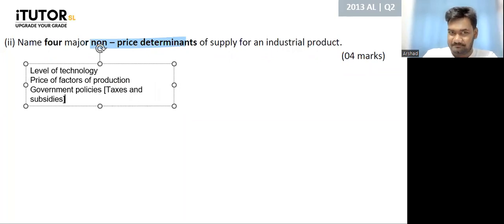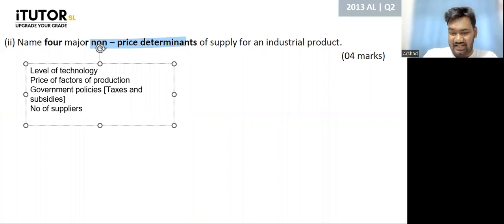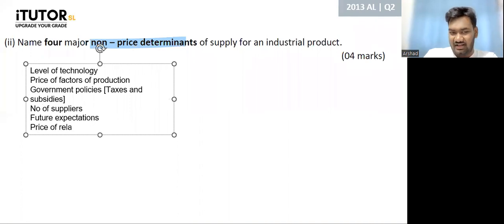What else? Future expectations, number of suppliers, correct? Number of suppliers. You can say future expectations, right? You can talk about price of related goods, right? What are related goods here? Production substitutes. There is a question, we'll talk about that there, right? So you can give all of this.